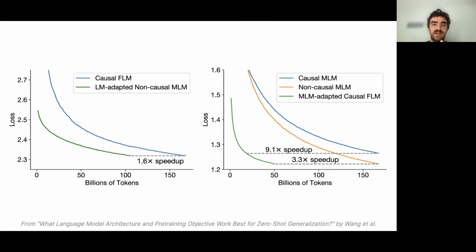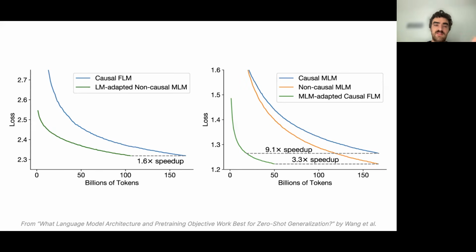One thing we tried was taking a causal decoder model trained with full language modeling, the standard GPT recipe, and then training it as a non-causal decoder model with masked language modeling. Or excuse me, that was backwards. We took a non-causal masked language model and we adapted it via a standard full language modeling loss.